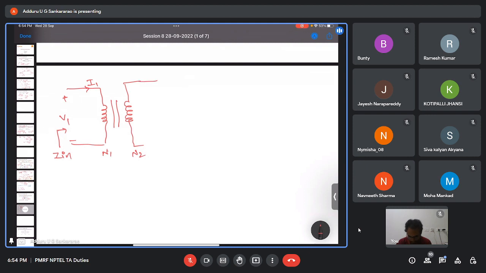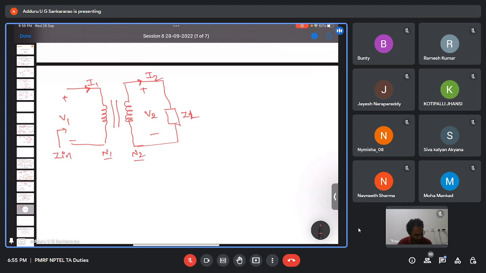At the secondary we have connected some load ZL, the voltage across the secondary is V2, and the current I2 is leaving. V1 is voltage across primary and I1 is current entering into primary. V2 is voltage across secondary and I2 is current leaving from secondary.